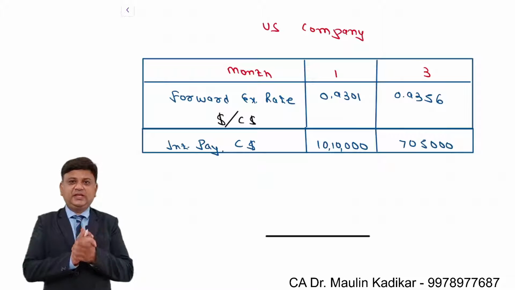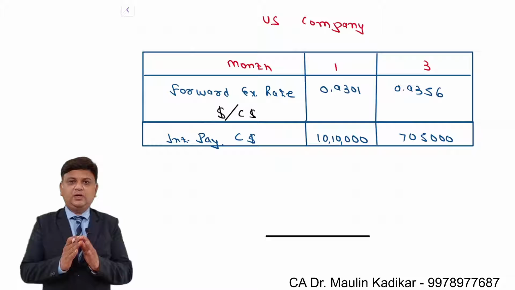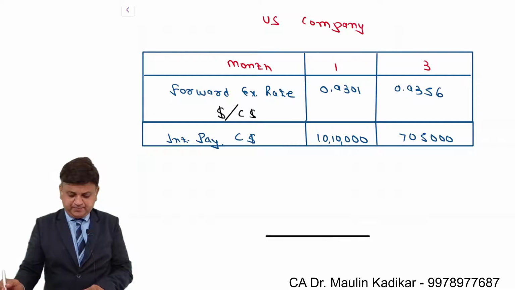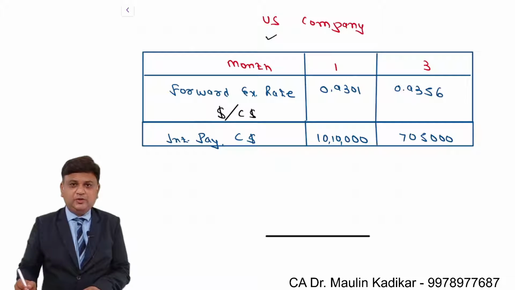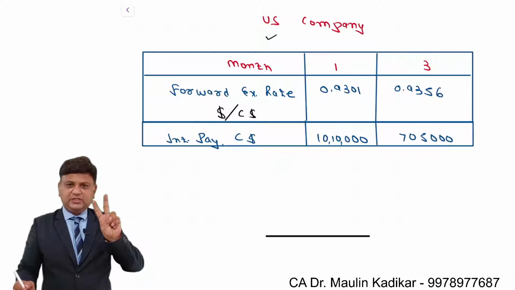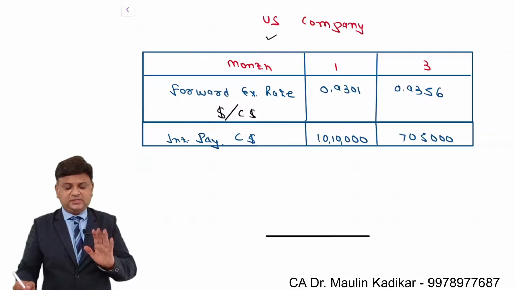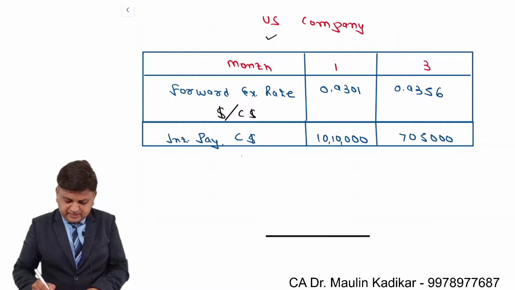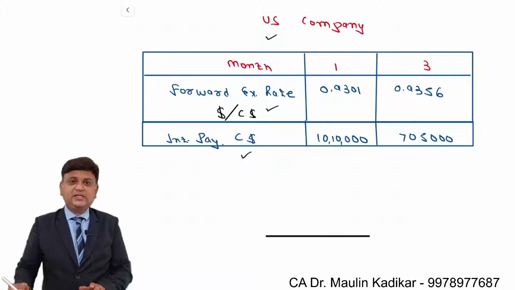Let us have understanding of how to make calculation of the answer. Friends, of course you must have understood that we are required to take the decision from the US company point of view. There are two interest payments, one is for 1 month and another is for 3 months. The amount to be paid in the Canadian dollar currency is given to us and the forward exchange rate is provided to us as dollar per Canadian dollar.